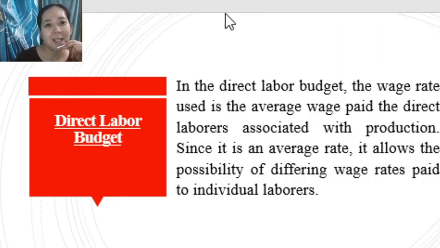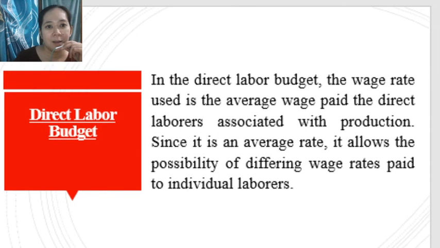So in the direct labor budget, the wage rate used is normally the average wage paid to the direct laborers that is associated with production. Since it is an average rate, it allows the possibility of differing wage rates paid to individual laborers.